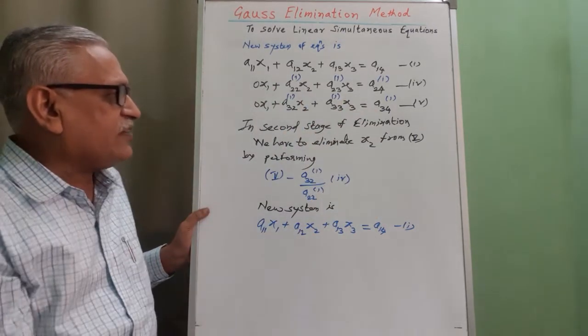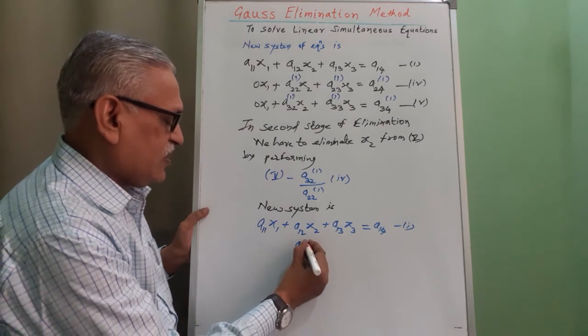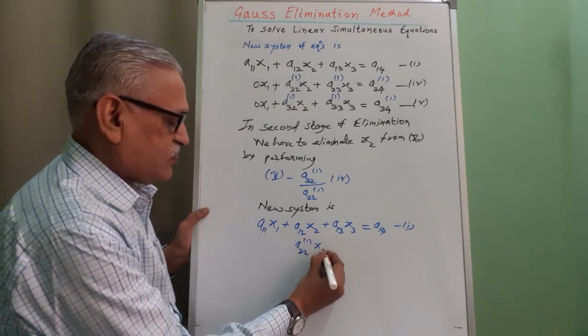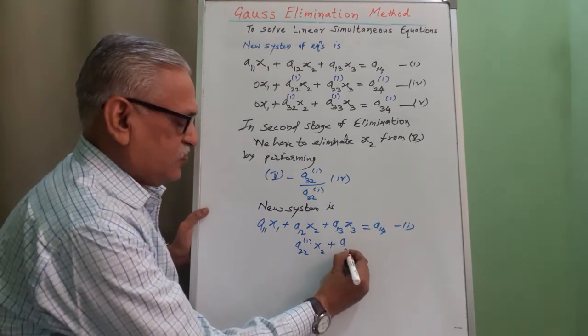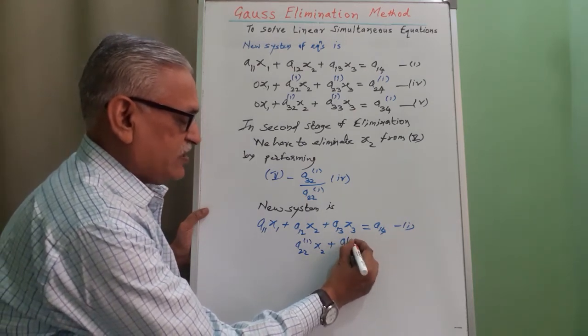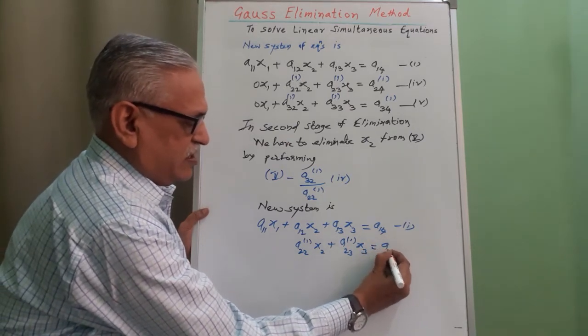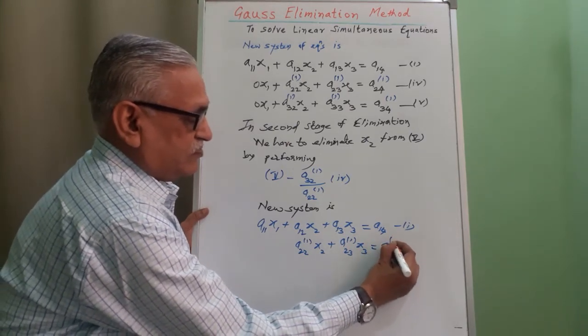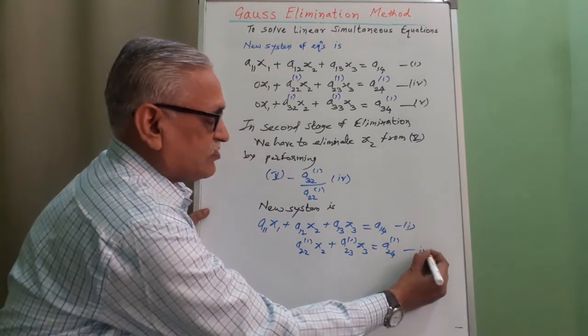Equation 4 remains as it is, that is a22(1) x2 plus a23(1) x3 is equal to a24(1). We call this as equation 4th.